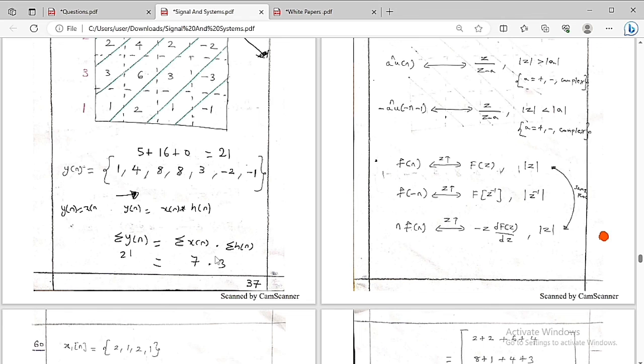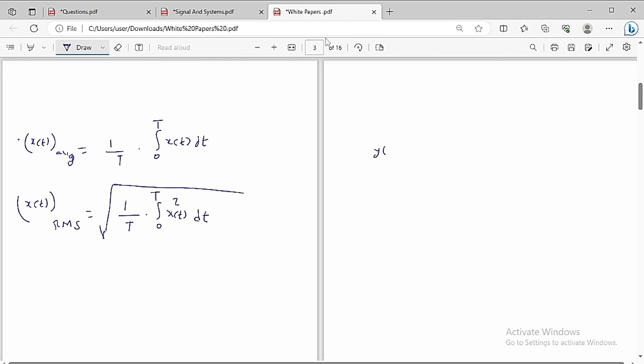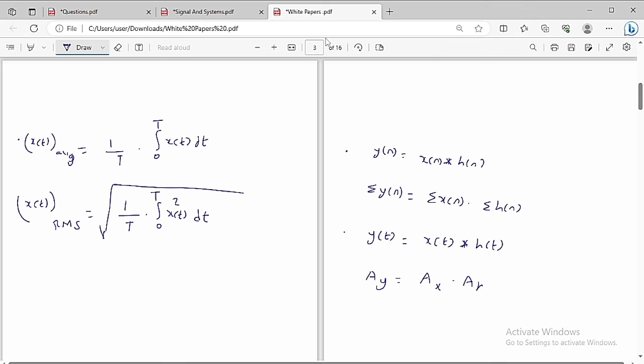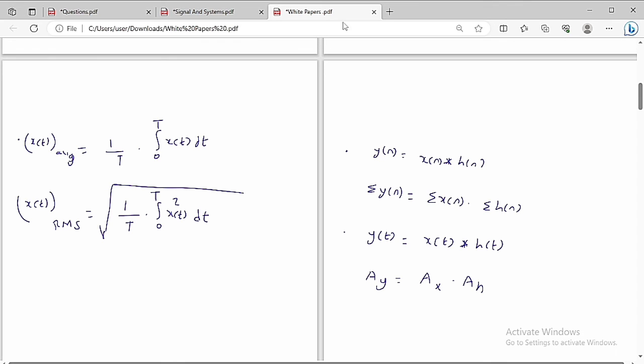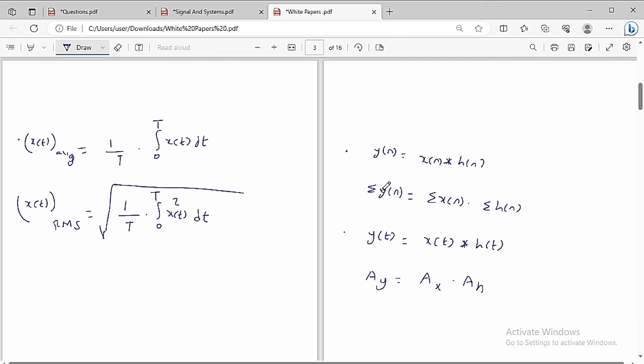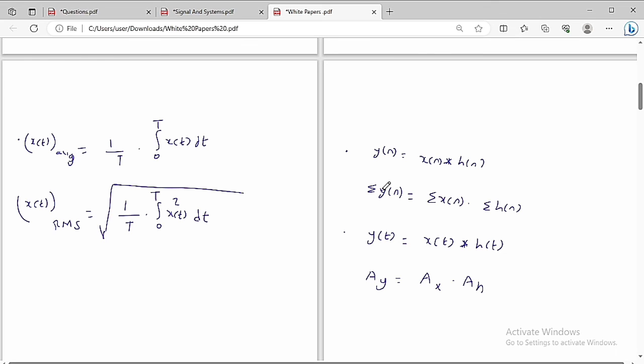So this formula you have to remember: if y of n is equal to x of n convolved with h of n, then sigma of y of n is equal to sigma of x of n into sigma of h of n.